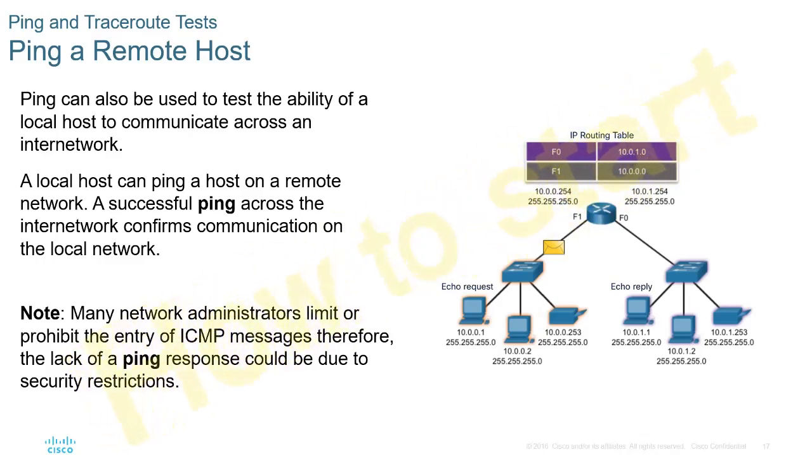And that way we can verify remote host connectivity. Again, it's important to point out that a no response is not saying that the host is down. It could just be that the administrators throughout the network have decided to disable ICMP traffic through the network. So do keep that in mind.